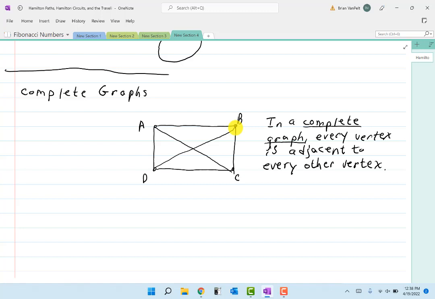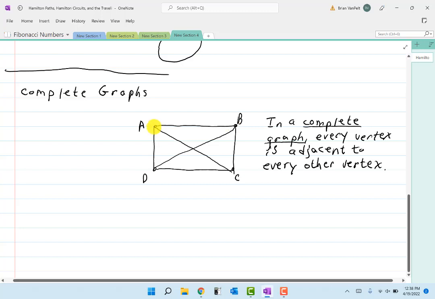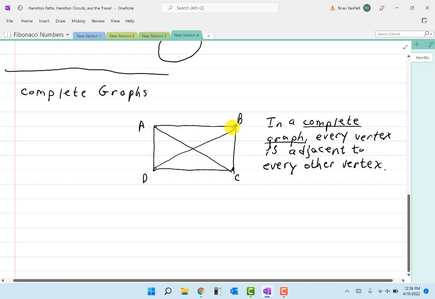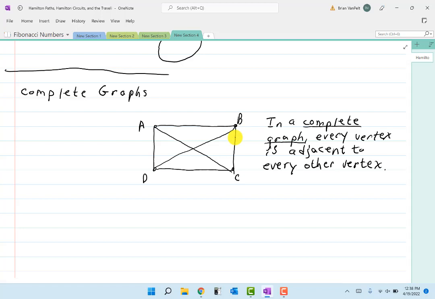Because if you take a look at A, all the ways that I can leave A are three ways. I can go to B, C, or D. Any one of those, and I can get to another vertex. There are three other vertices. Look at B. From B, I can go back to A, D, or C. There's three edges shooting out from B. In fact, all of these have exactly three edges coming out of them.